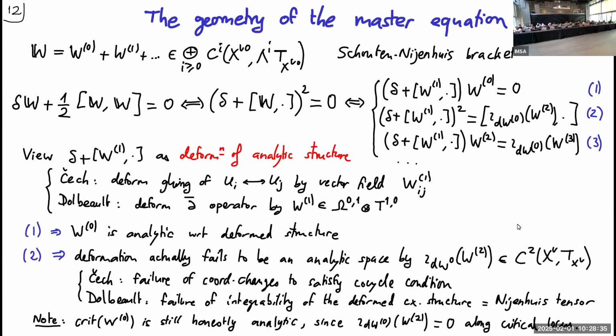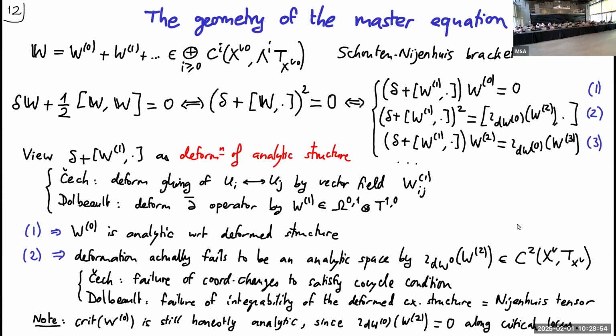And so we finish here, I think. The master equation amounts to the claim that if I take the usual differential on cohomology of polyvector fields, but I deform it by adding the bracket with this W, this forms now a new differential that squares to 0.